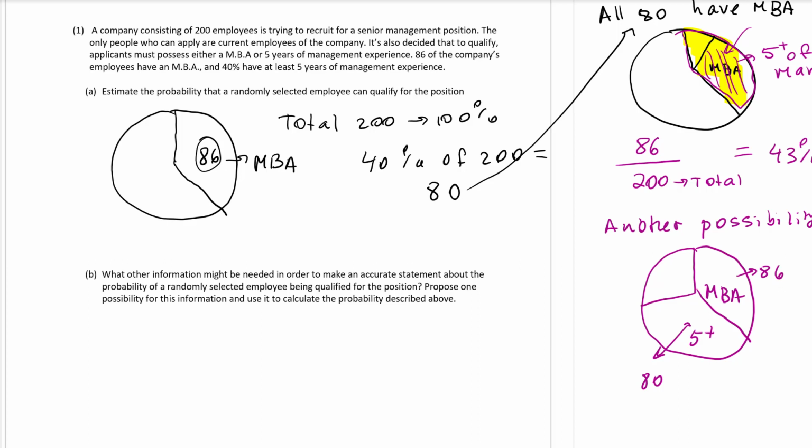So another case is when they are completely disjoint. Those that have an MBA do not have 5-year experience, and those that have 5-year experience or more do not have an MBA. So that's another extreme case.